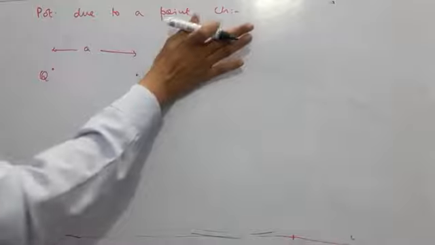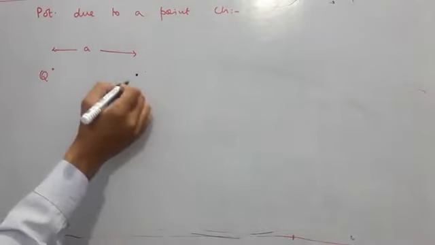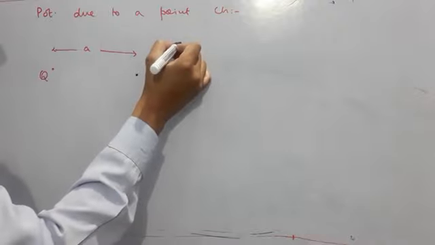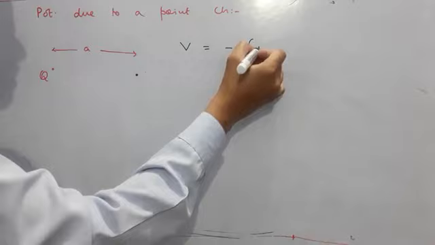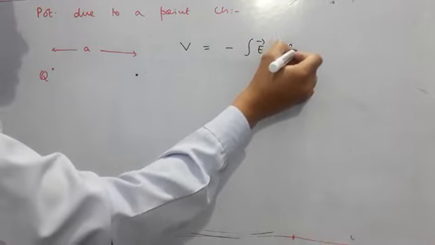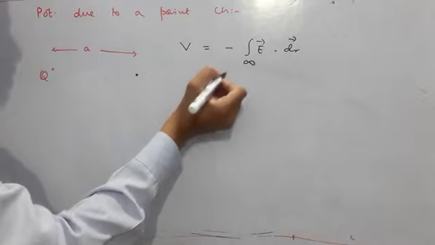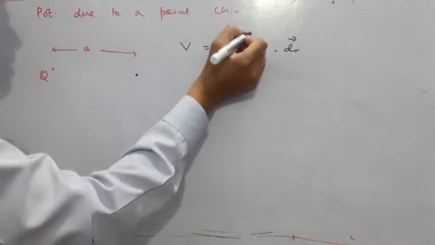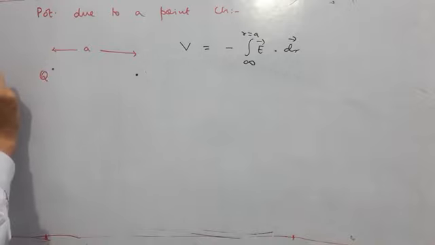We have already seen how to calculate this. So the potential at this point, which is at a distance a, can be defined like so. V is equal to, as we have defined, minus the integration of E dot dr from the initial point to the final point. The initial point is infinity and the final point is R equals A, where R is the distance from this point charge.